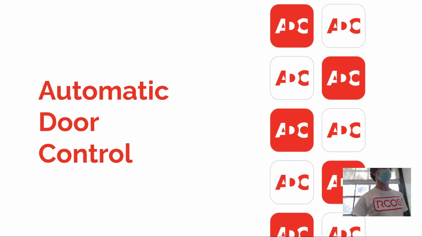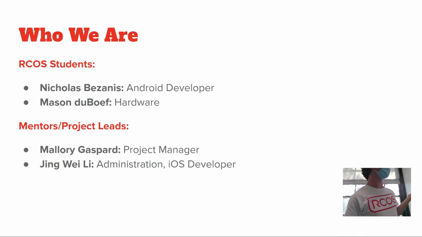Cool, so I'll just start. We are Automatic Door Control, me and Nick, who's online. Hey everyone. I'm Nicholas, and I was an Android developer for ADC for this semester.